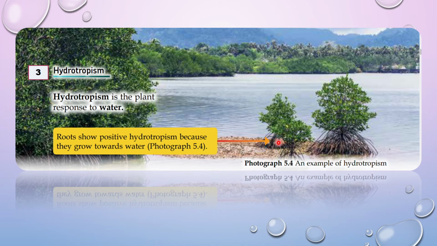They always go downwards, but where water is there, they are not necessarily downwards. Whenever there is water, the roots will grow towards that because they need the water source. And again, water is very essential in photosynthesis of green plants.